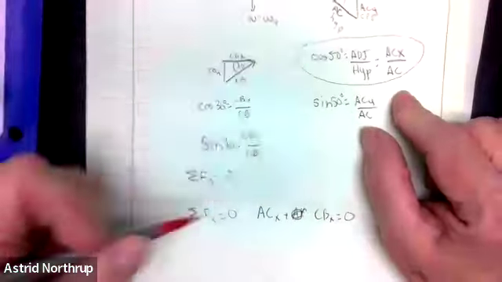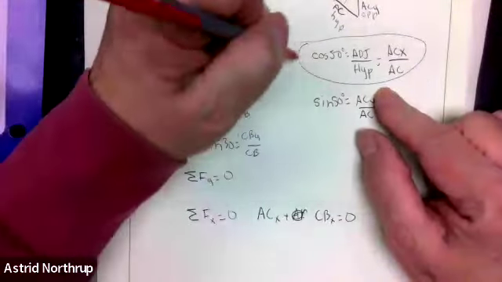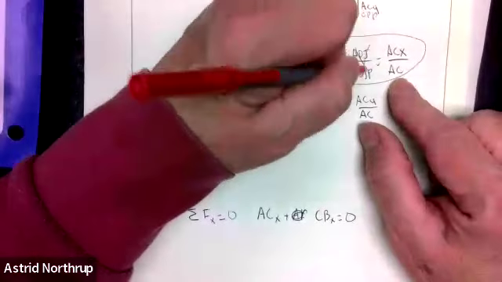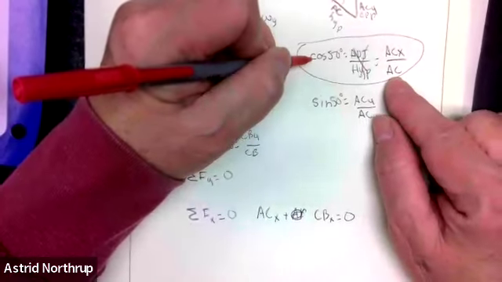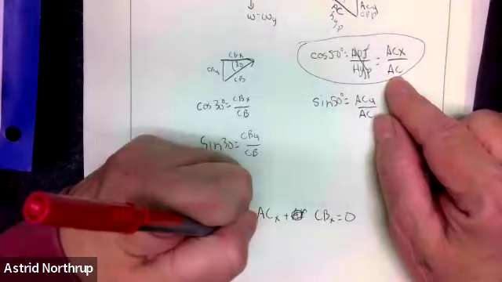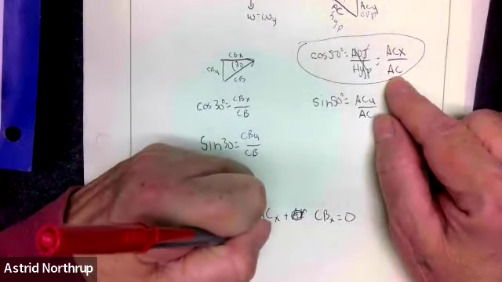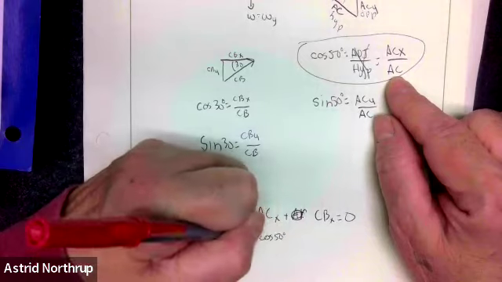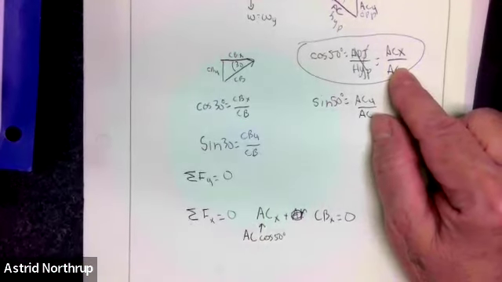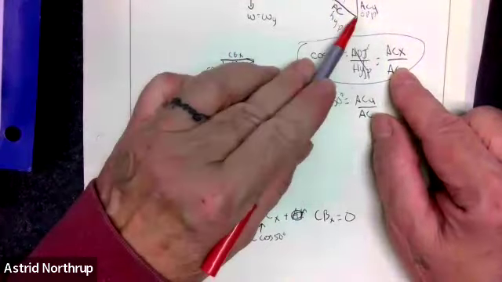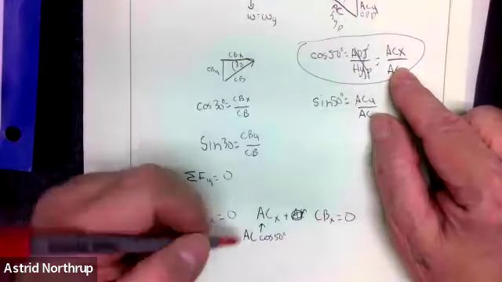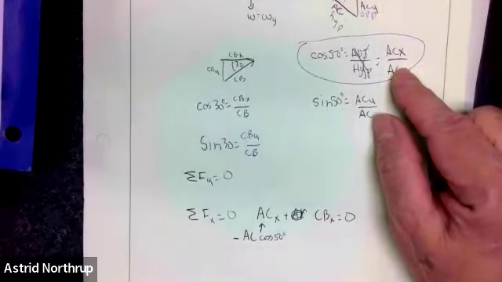If I use this equation, I can rearrange it and I can say, cross multiply, AC times the cosine of 50 degrees is equal to AC in the X direction. The only difference is I see that my arrow is pointing to the left, which means it's negative.